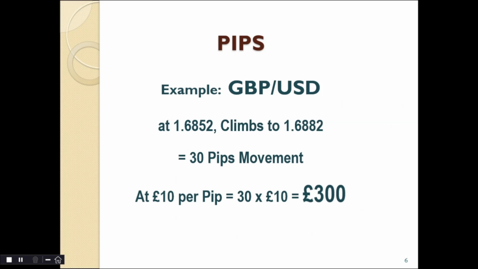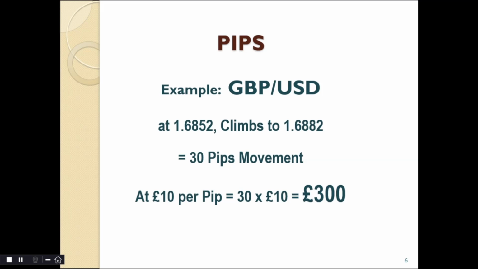Another example, still involving Great British Pound versus US dollar. If the exchange rate is 1.6852 and we are told that it climbs to 1.6882, what then is the movement in pips? We are going to take 1.6882 minus 1.6852 to obtain 30.